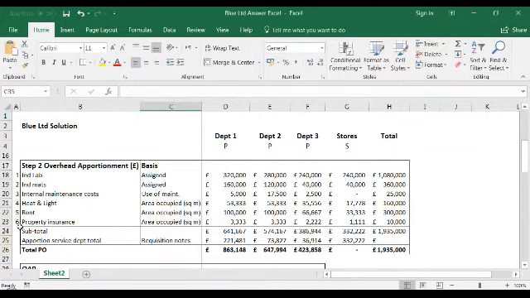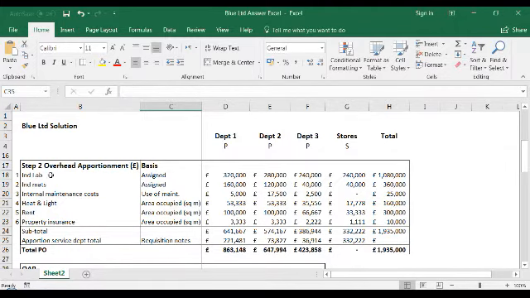So we see that in this we have first identified all indirect costs. There are 6 indirect costs: indirect labor cost, indirect material cost, internal maintenance cost, heat and light, rent, and property insurance. These 6 indirect costs, overheads, were identified, and then we also have to find the basis of allocating them to these 4 departments.